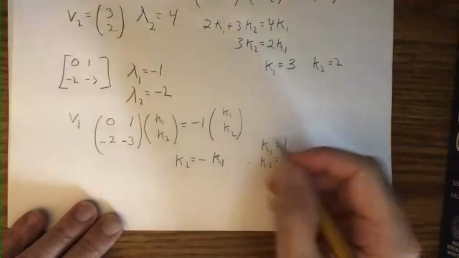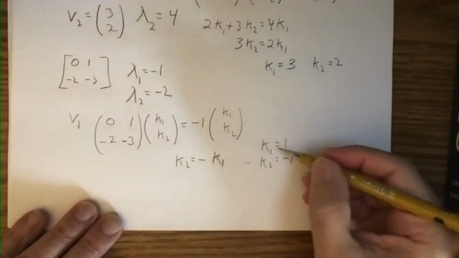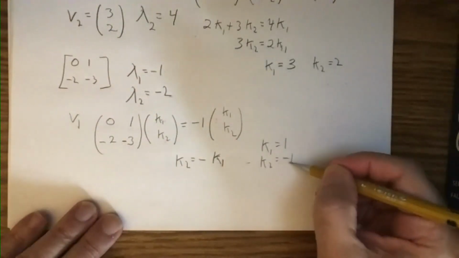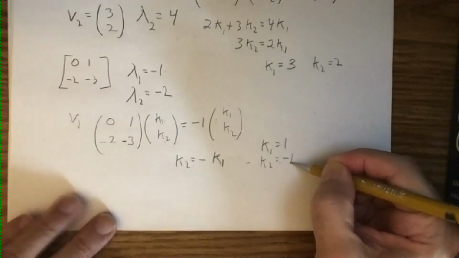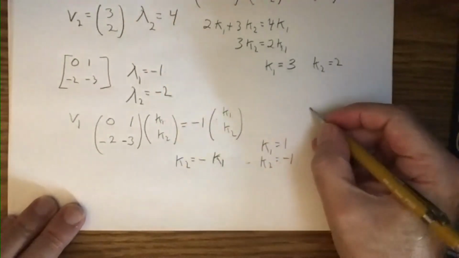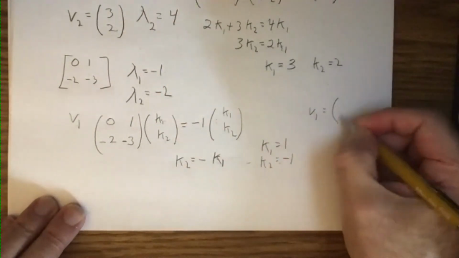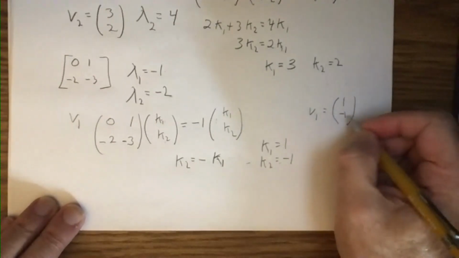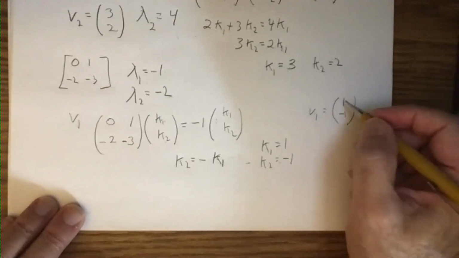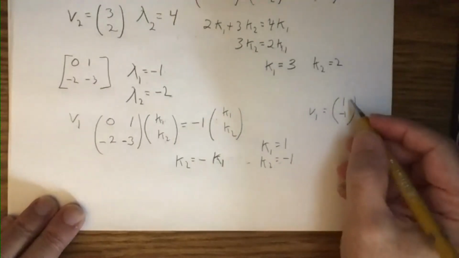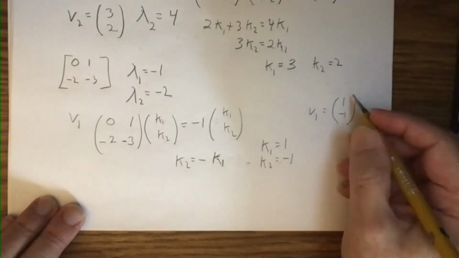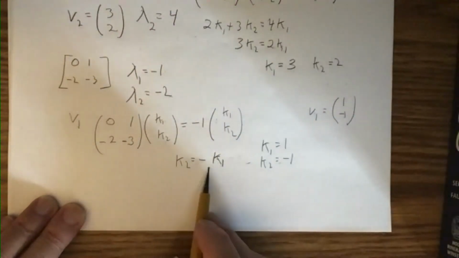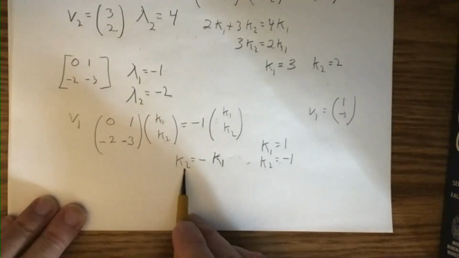All right. So I got that if I set K1 equal to 1, then K2 is equal to -1. So my vector V1 is going to be 1, -1. So that's my vector. Did everybody get 1, -1 or some constant? If you got 2, -2, that would be the same, right? But the thing is, you have to have that K1 is the negative of K2.